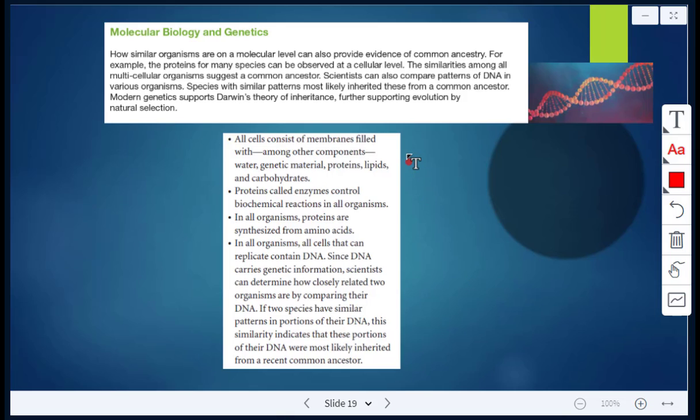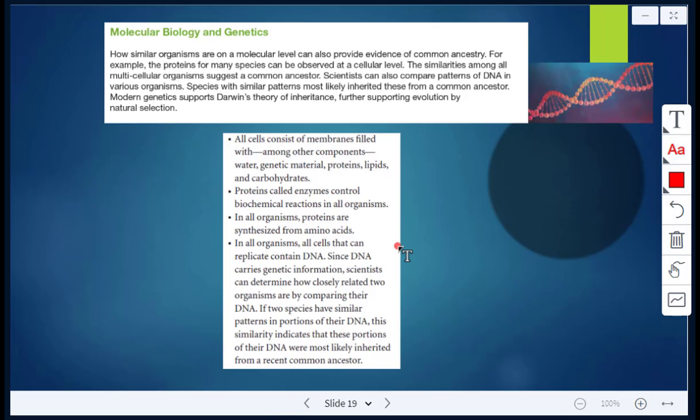So, for example, all cells consist of membranes filled with water, DNA, proteins, lipids, and carbohydrates. There are proteins called enzymes, which control biochemical reactions in all organisms. In all organisms, proteins are synthesized from amino acids. In all organisms, all cells that can replicate contain DNA.